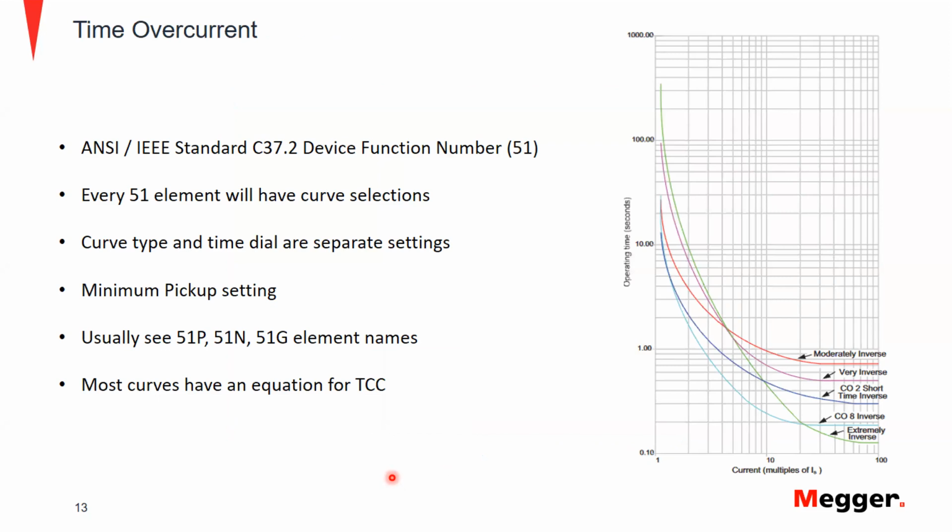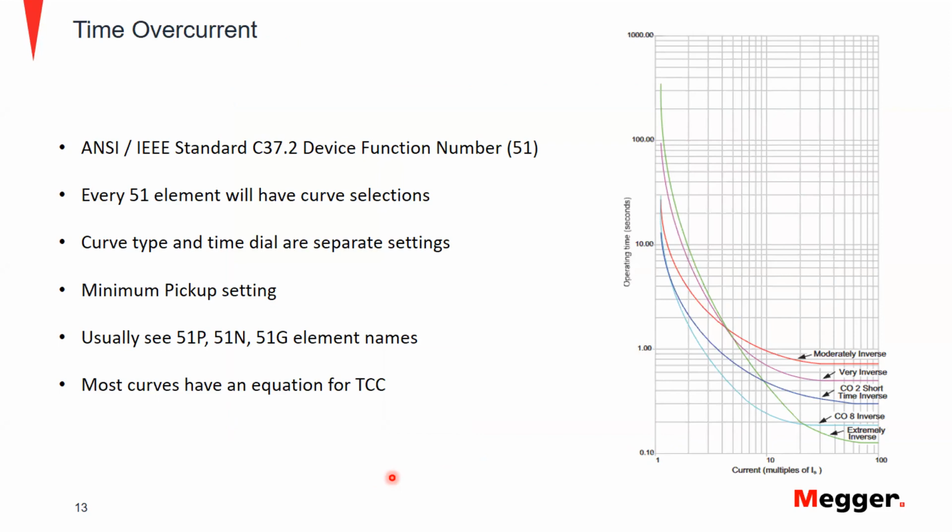So the time overcurrent. A little bit about time overcurrent is that the ANSI/IEEE device number will be the 51 element. So every time you see a 51 from here on out, we're referring to time overcurrent. Every time, the 51 element will have curve selections.